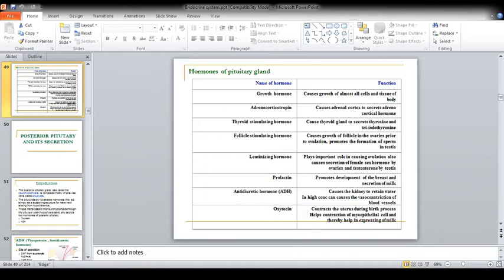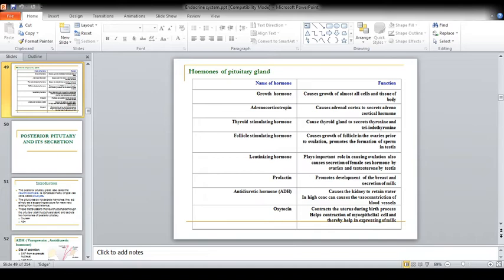Moreover, the posterior pituitary also releases oxytocin that is produced by the paraventricular cells that are present in hypothalamus. This oxytocin is then transported to the posterior pituitary and stored and released from there. Oxytocin would cause the contraction of uterus during birth process, during parturition, and it would also help in contraction of myoepithelial cells and thereby help in expressing of milk.